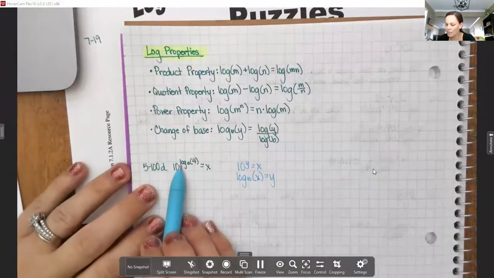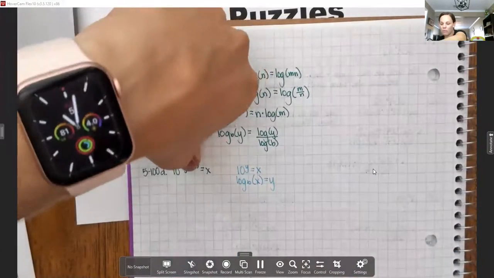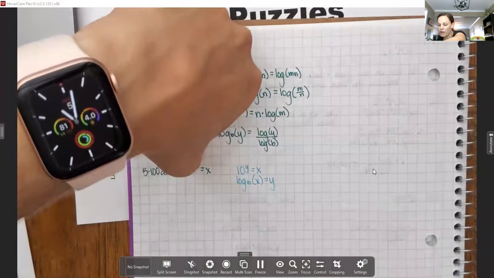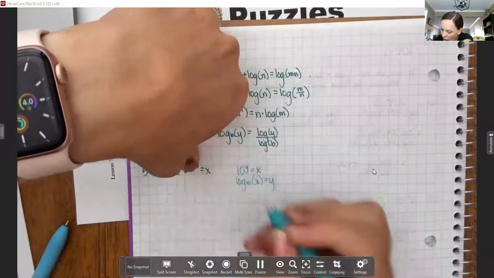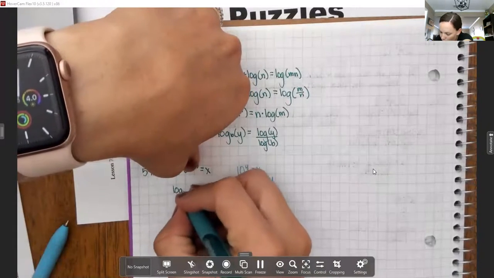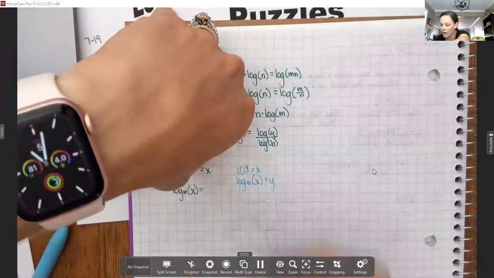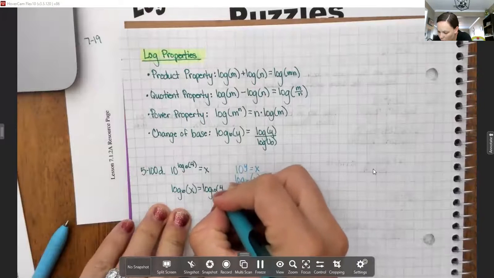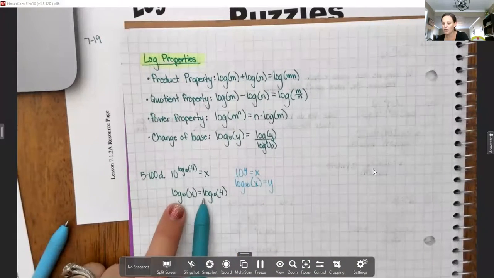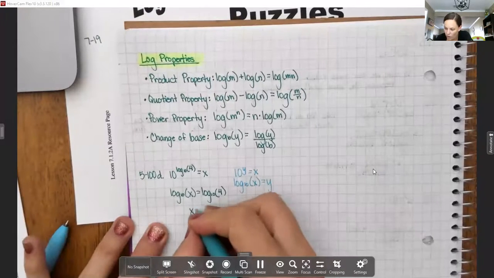So this is the same thing. Instead of y, I just have some exponent up there. So this would be rewritten as log base 10 of x is equal to the exponent, whatever that exponent is. Well, that exponent is log base 10 of 4. Since these are both log base 10 of something, that tells us that x equals 4.